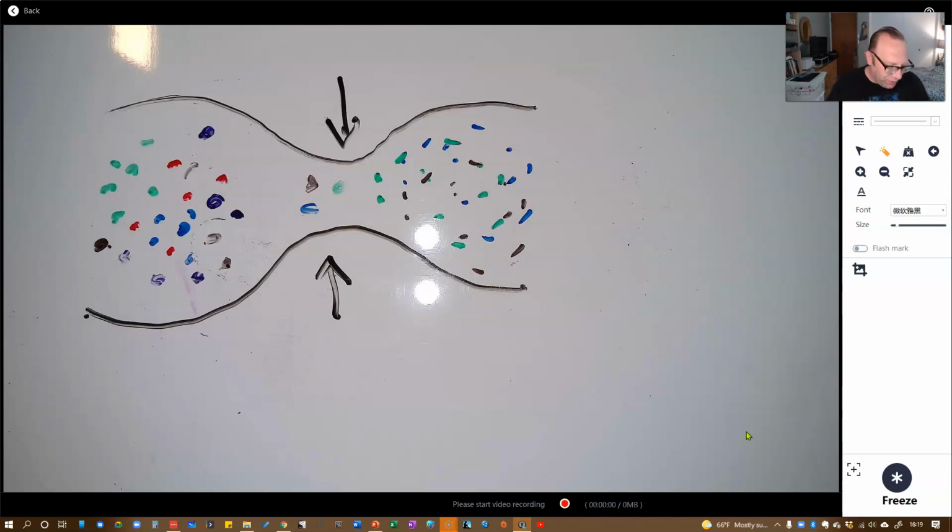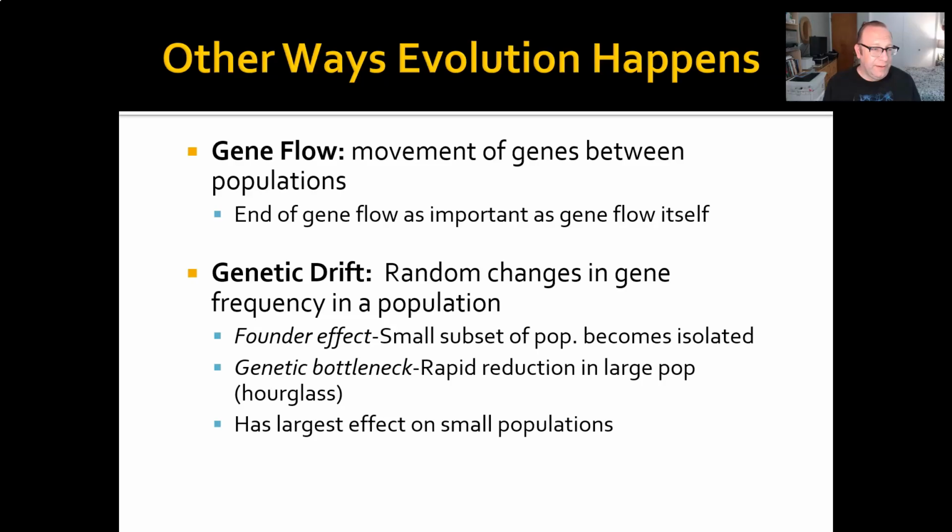Yeah, so founder effect and genetic bottleneck are very similar. It's just the mechanism of how we go about isolating that gene pool that's different. One is a catastrophe, some kind of a sudden drop in population size. The other is a founding population that strikes off from the rest.